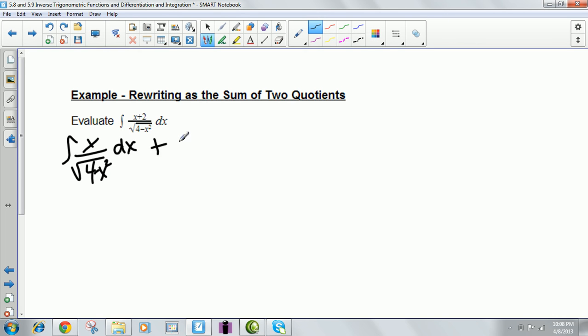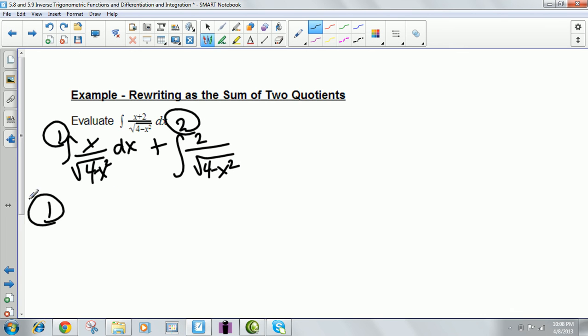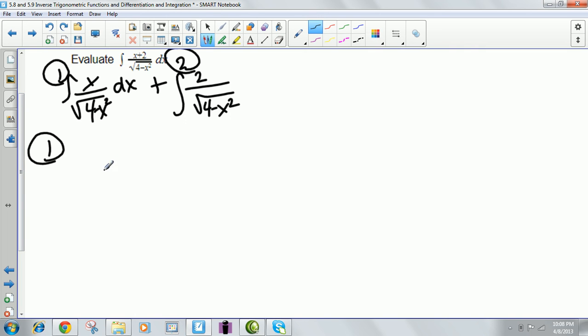Alright, so let's go ahead and take a look at the next one. You're evaluating the integral of x plus 2 all over the square root of 4 minus x squared, and now on this one, this isn't going to fit an identity, and you can't necessarily use your u substitution on all of it, because even if you did use u substitution, you couldn't get rid of this x plus 2 by setting u equal to x squared or even 4 minus x squared.